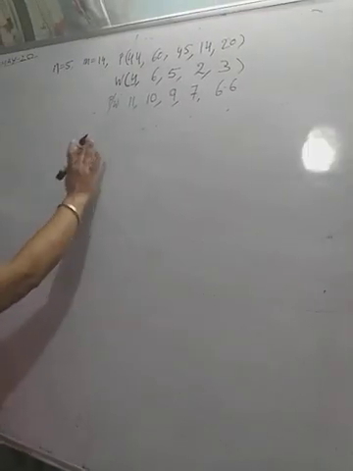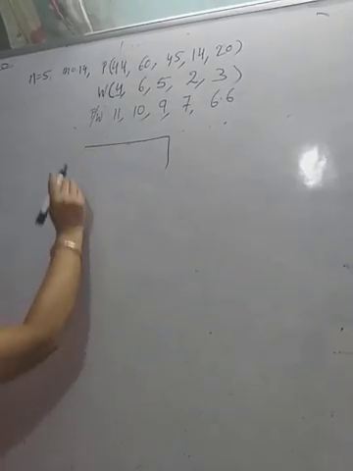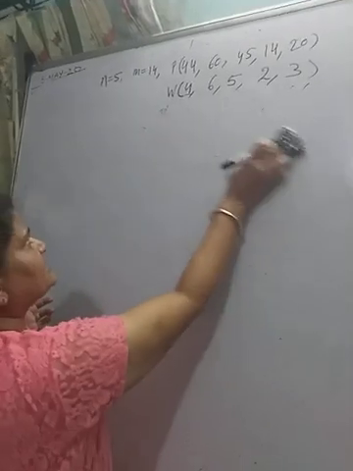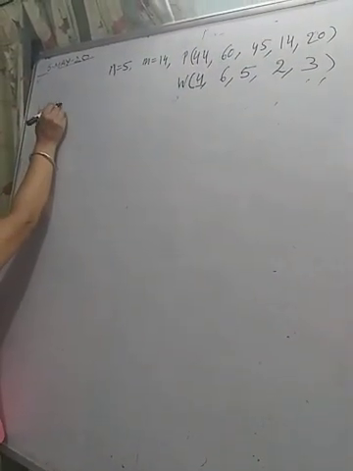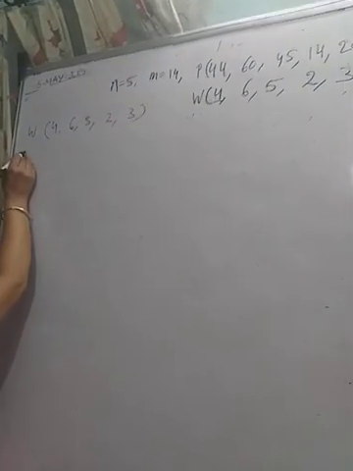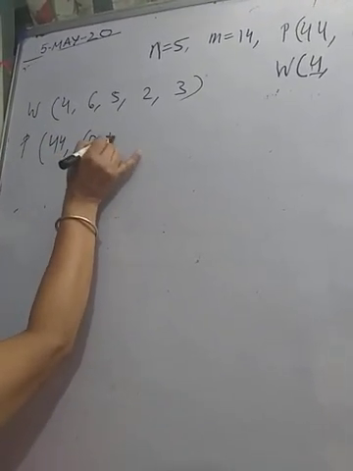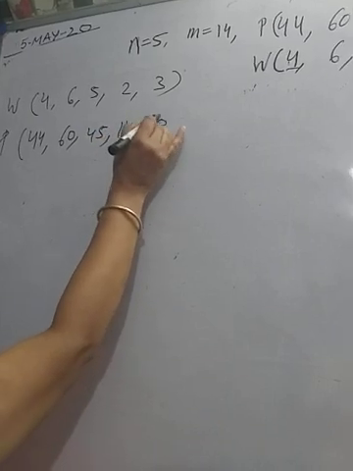Okay, so here we consider the state space tree for this algorithm. Here I am writing W as 4, 6, 5, 2, 3, and the profit as 44, 60, 45, 14 and 20.